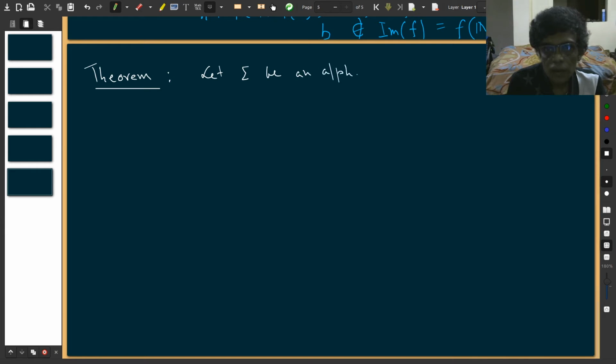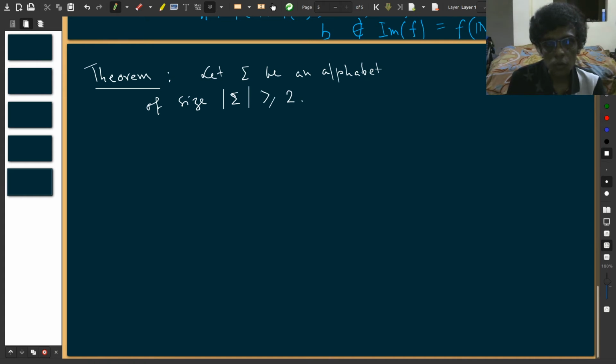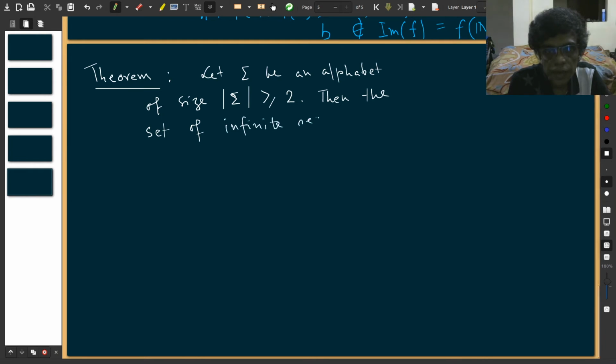An alphabet is a list of symbols of size greater than or equal to 2, like 0, 1, or it may be the ternary alphabet 0, 1, 2, it may be your ASCII alphabet or Roman alphabet A, B, C, D up to Z. Then the set of infinite sequences over this alphabet sigma is uncountable.